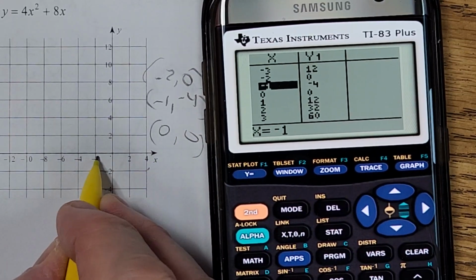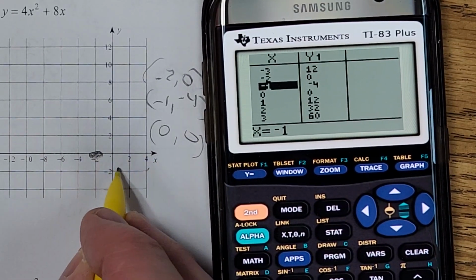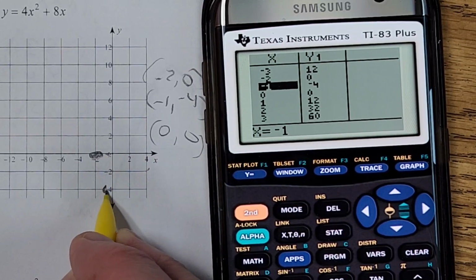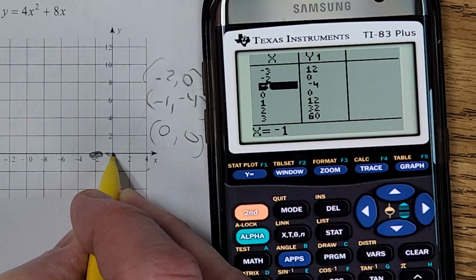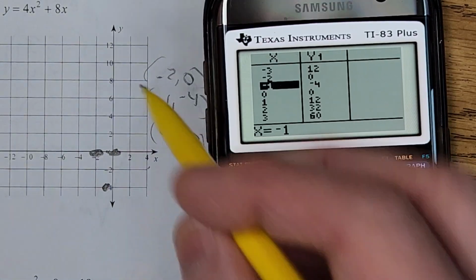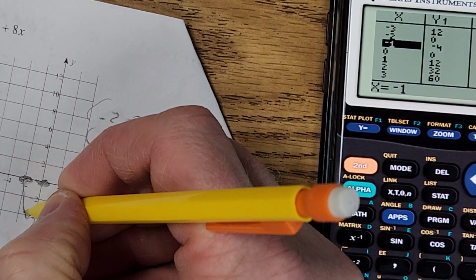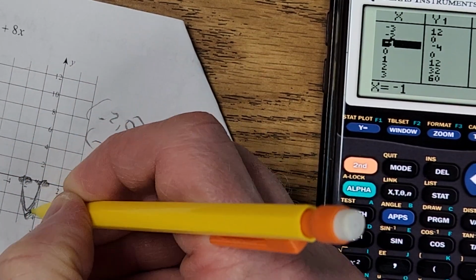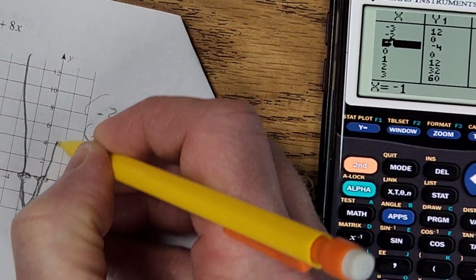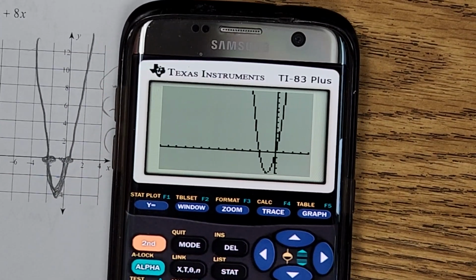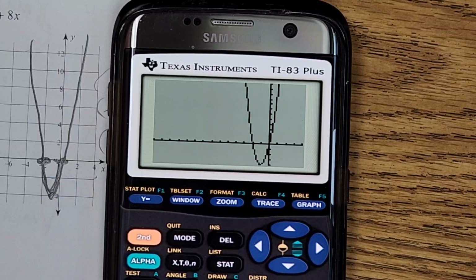So -2, 0, -1 is right in the middle here, -4, and 0, 0, and this is a really narrow one. So then we graph. Remember, try to make it as curved as you can, and up, and up. And if we want to see, it kind of looks the same.